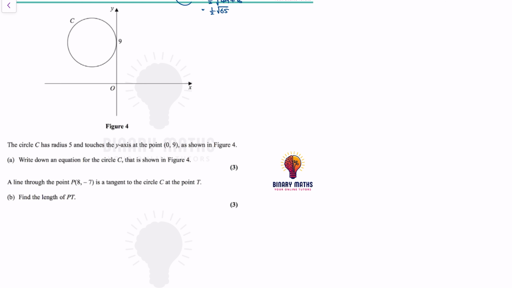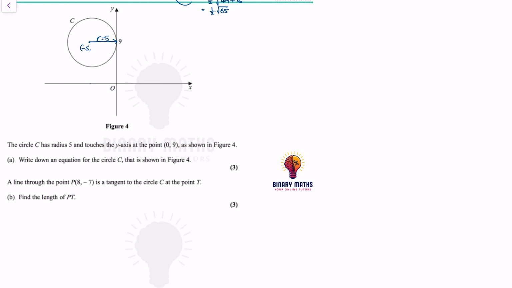The circle C has radius 5 and touches the y-axis at the point 0, 9 as shown in figure 4. Write down the equation for the circle C. Because the circle center is here, I know the x value is negative, so that must be -5.